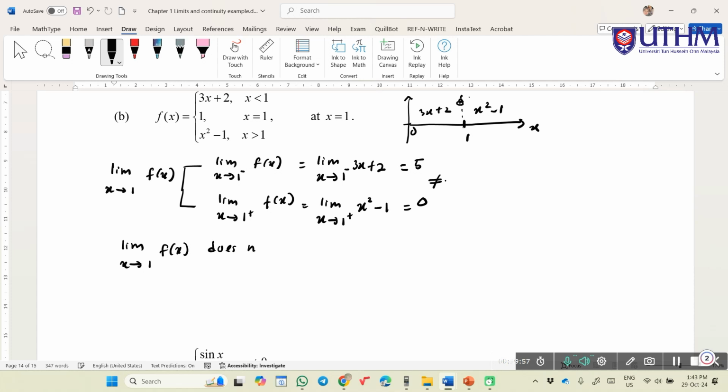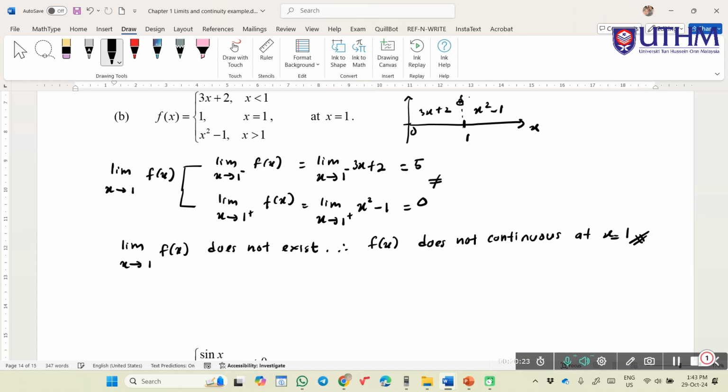Therefore, f(x) is not continuous at x equal 1.